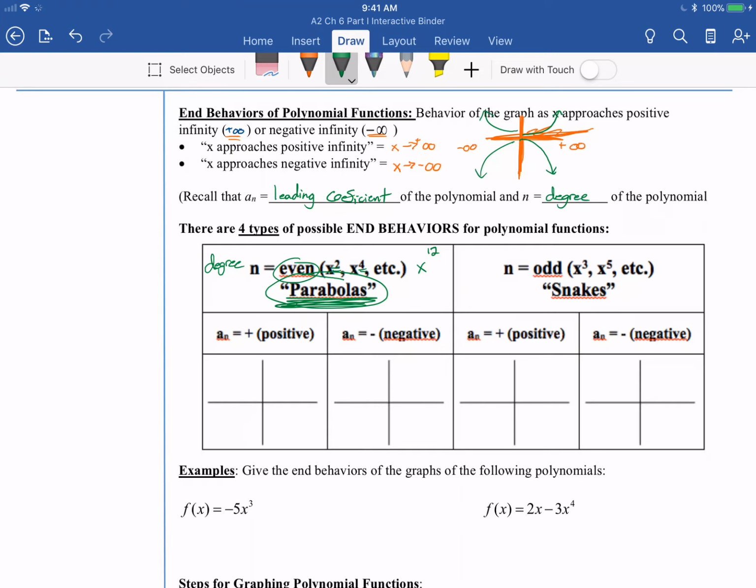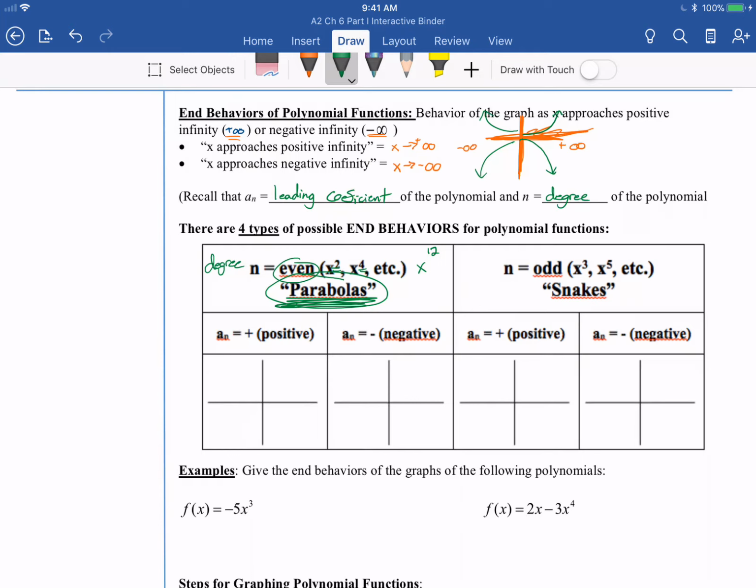If the degree is even, it's all going to look like a parabola. The parabola is not going to be so uniform. They might not be perfectly symmetric like an x squared parabola that we've looked at in Algebra 2 already, like x to the 6th and x to the 8th. They might be a little bit different, but they're all going to have that parabola kind of shape.